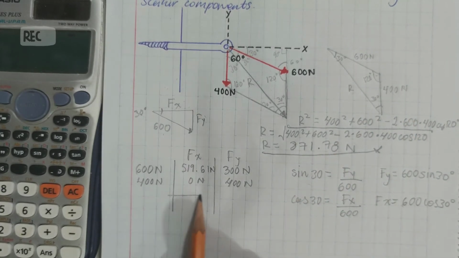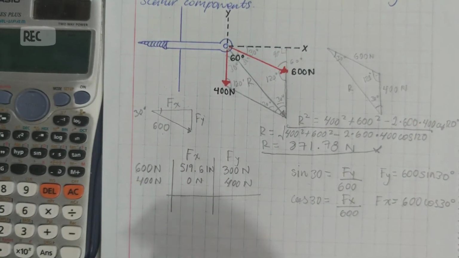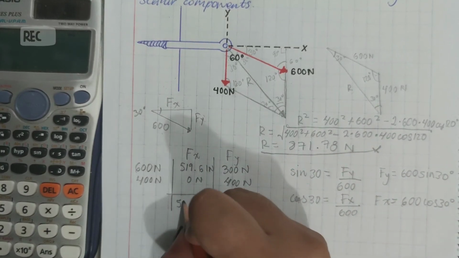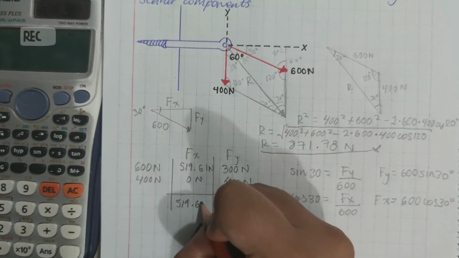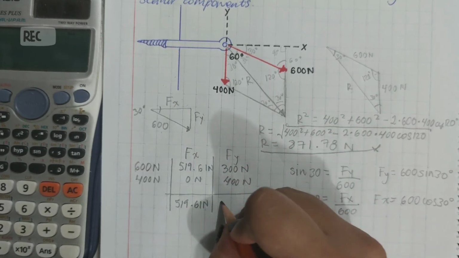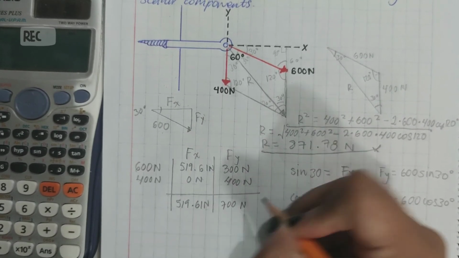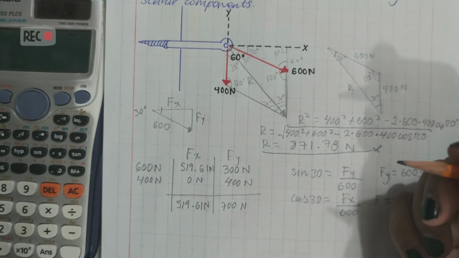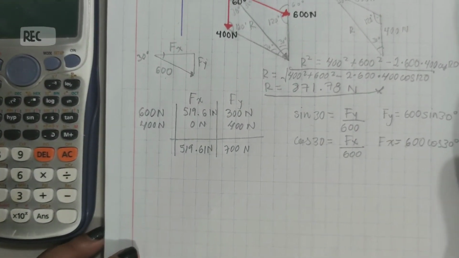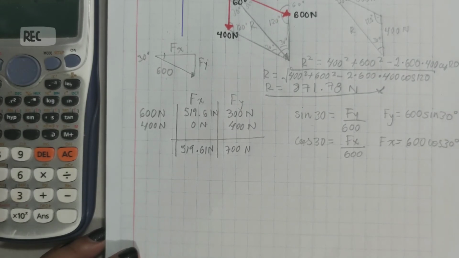So we sum these quantities, and here we have the same as here, and for this we have 700 newtons.